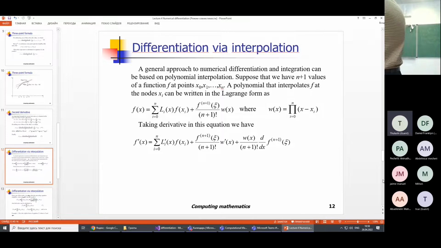But using these points, we can write the Lagrange interpolating polynomial. If we take 2 points, we can write a polynomial of degree 1. If we take 3 points, we can write a polynomial of degree 2, and so on.